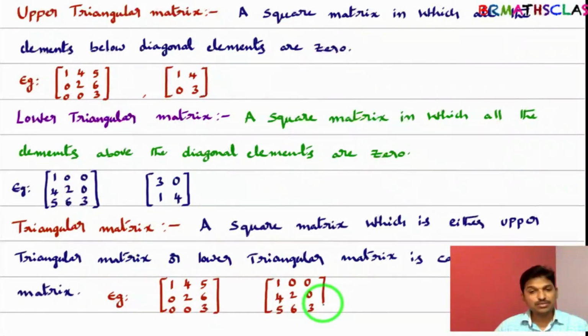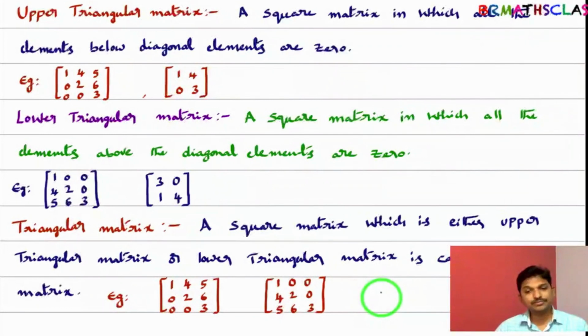You observe these examples. What is this matrix? This matrix is upper triangular matrix. Correct or not? All the elements below the diagonal are 0. Can we call upper triangular matrix a triangular matrix? Yes, of course, because a triangular matrix is either upper or lower triangular matrix.